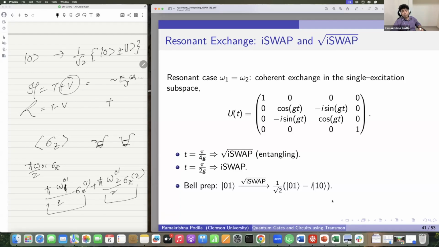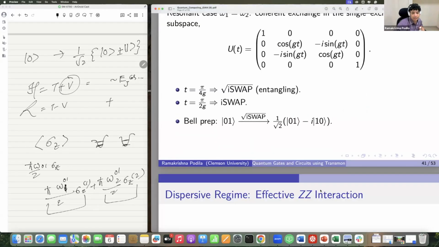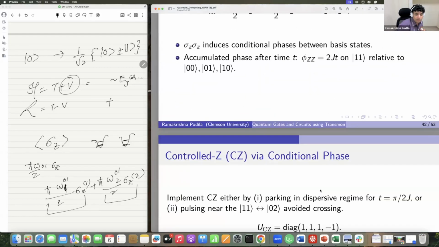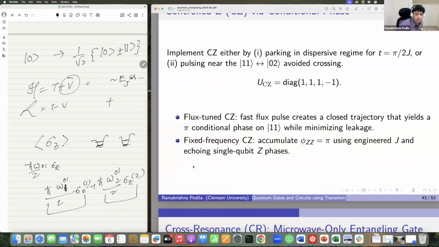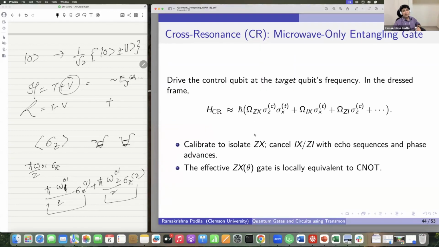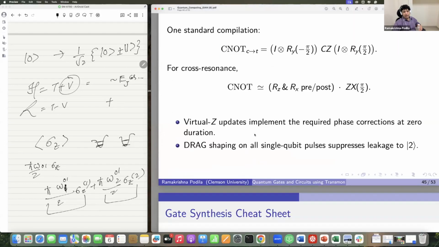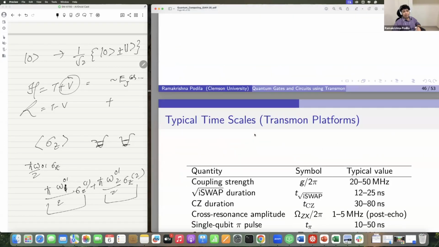And if you have iSWAP, that means you can create a superposition state, sorry, an entangled state that looks like this, right? All right, so you can apply multiple different gates by controlling that, and you can basically make multiple gates there.